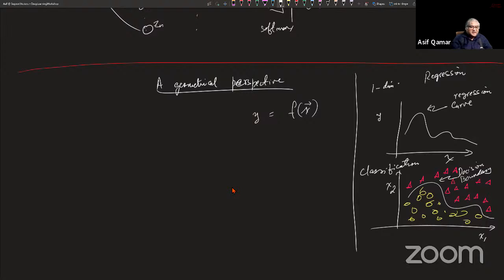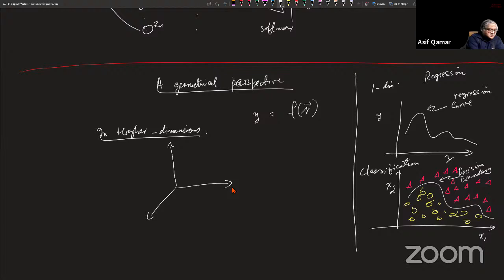Now, let us generalize it to higher dimensions. Let me just give the intuition in 2 dimensions for regression. This will become a surface, some form of a surface.